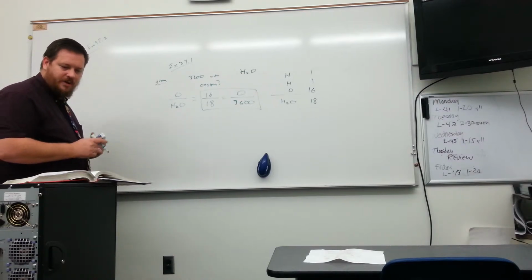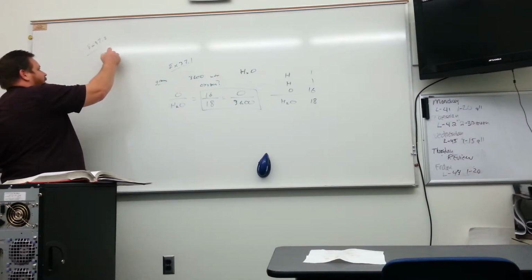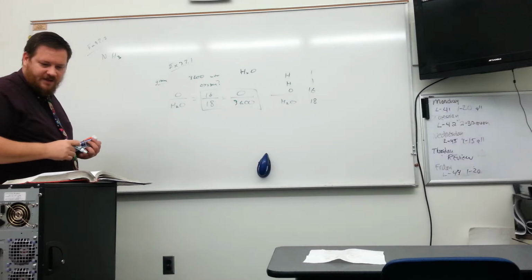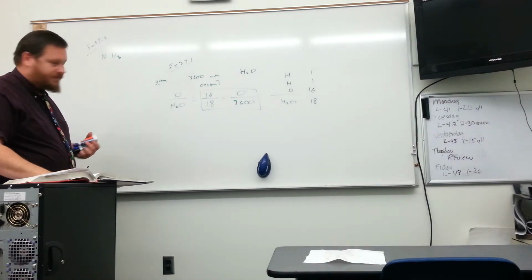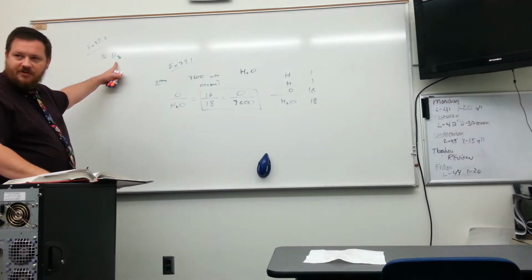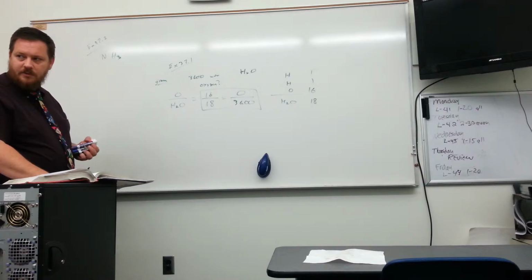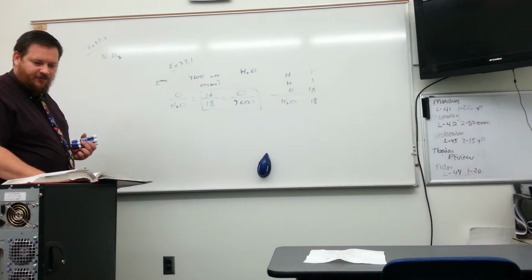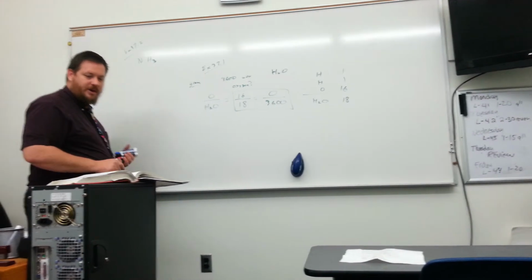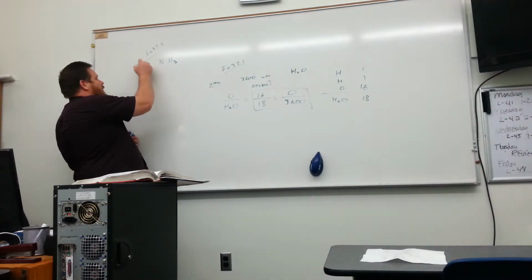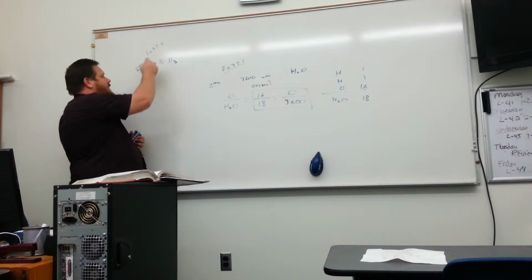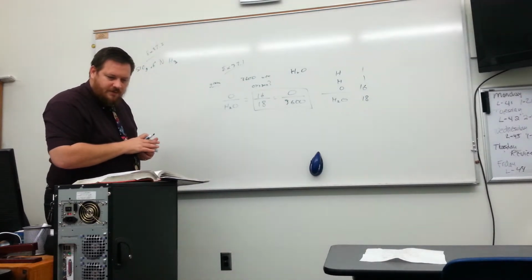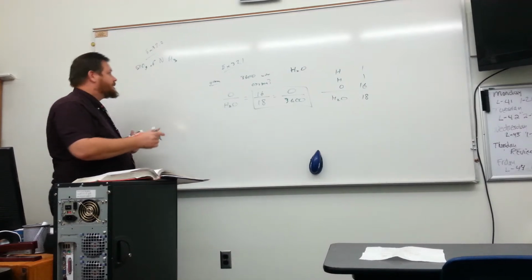The chemical formula for ammonia is NH3. Ammonia is NH3, which means that that's 1 nitrogen atom and 3 hydrogen that are combined to make 1 molecule. If we have 510 grams of ammonia, how much does the nitrogen weigh?